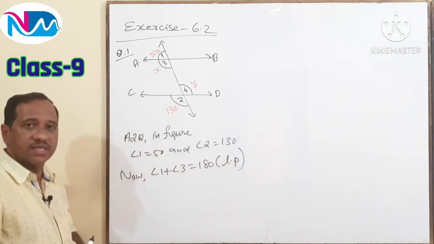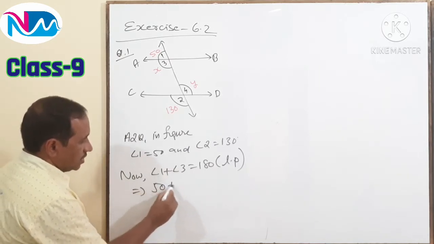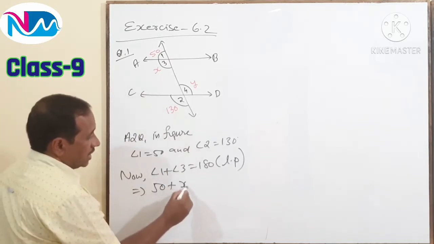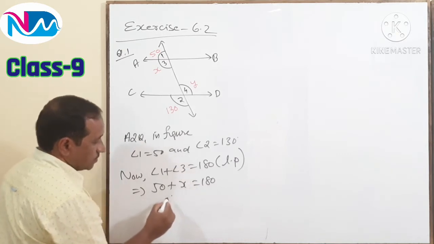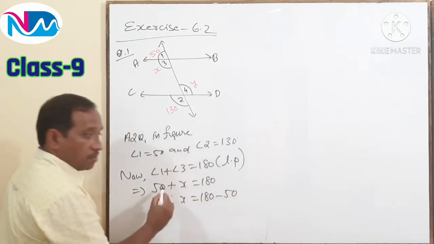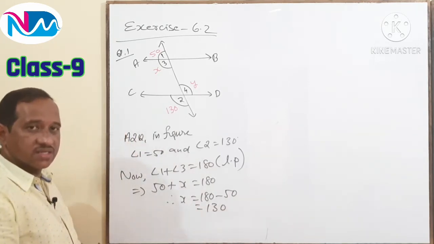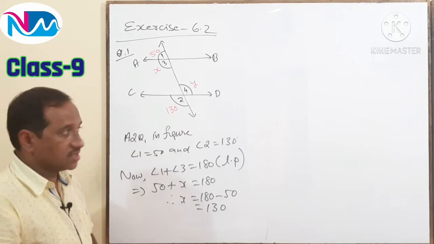The reason is linear pair. That gives 50 plus x is equal to 180. Therefore, x is equal to 180 minus 50, which is 130. We get x is equal to 130.